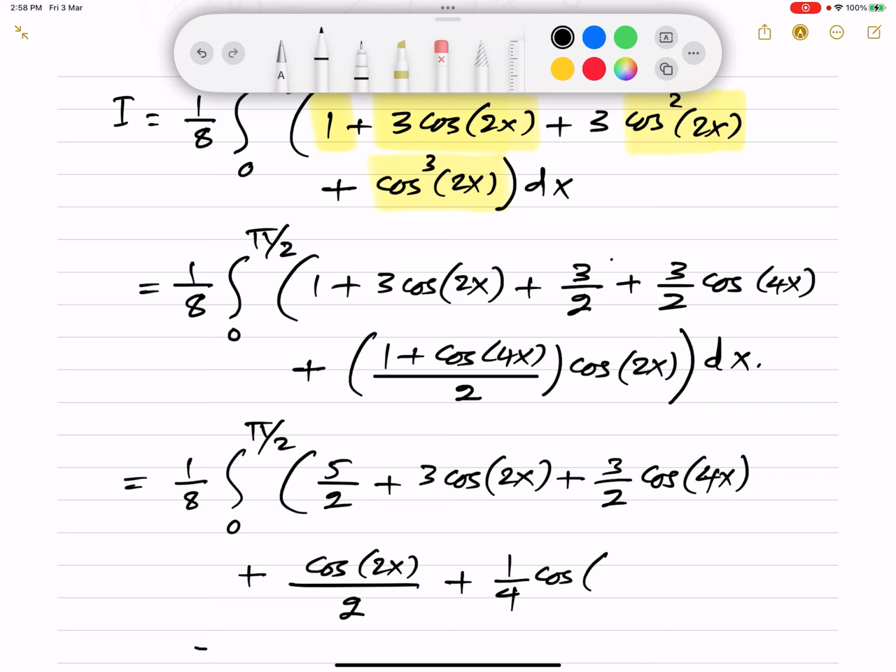Cosine, the sum of the two angles, 4x plus 2x, which is 6x, plus 1/4 cosine the difference, which is 2x, which is the same as the term before.